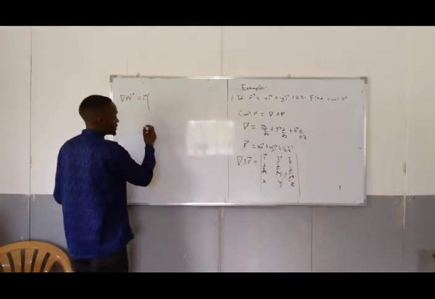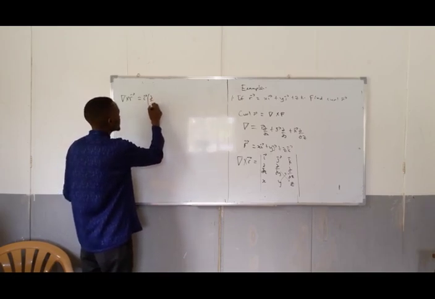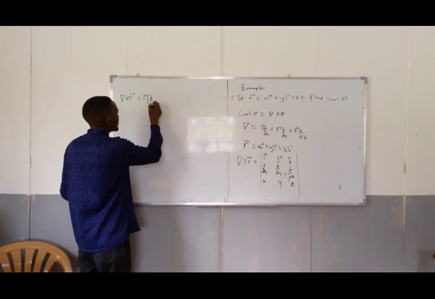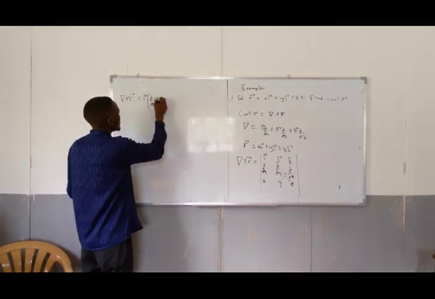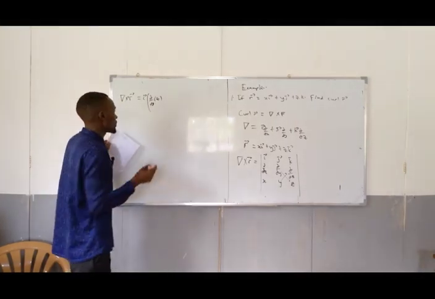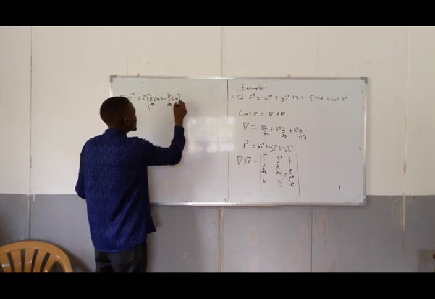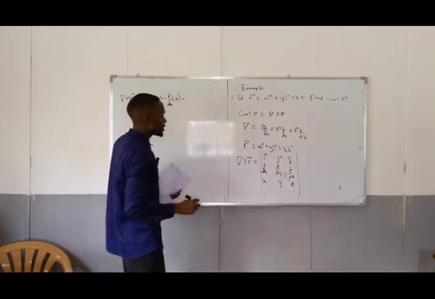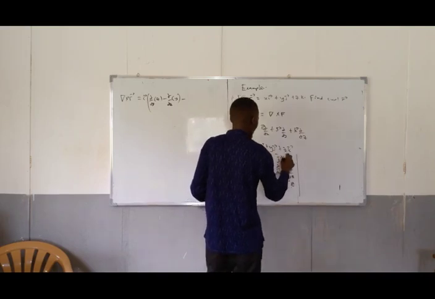So now it will be d over dy of z, okay. So now it's like we are getting the determinant, so we are going to subtract minus d over dz of y. Now the thing is, here we have positive, here negative, and then here positive.